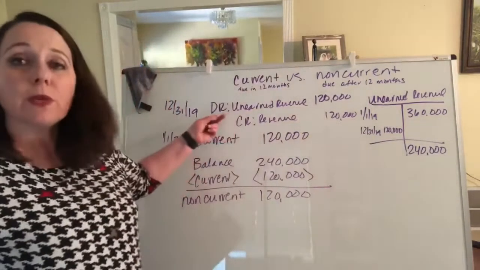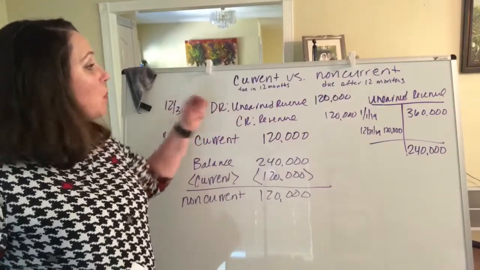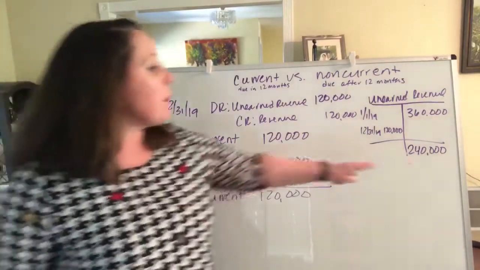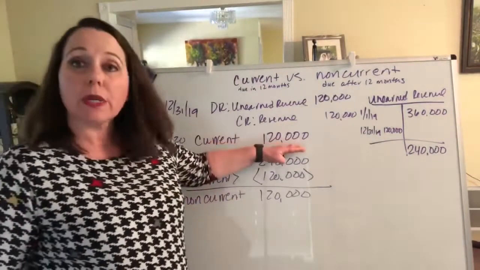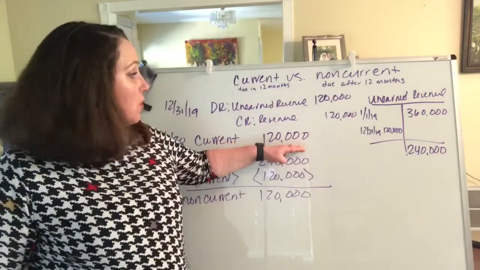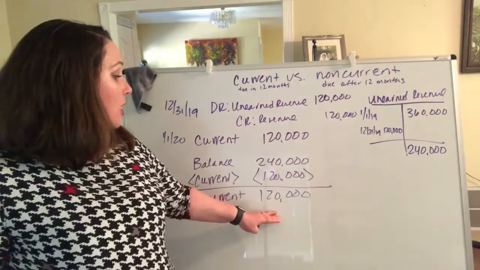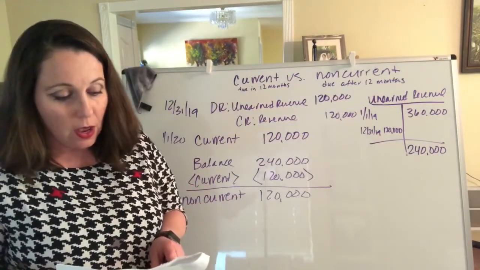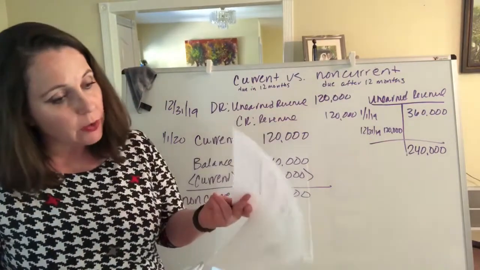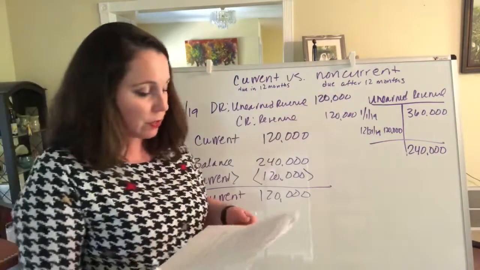So 1 year after we sell the subscription, when we've delivered 1 year's worth of services, the balance is 240,000. The current, the portion that we're going to deliver within the next 12 months, is 120,000. And the non-current is also 120,000. All right, we got 2 more to do on this, and then we're going to switch over to short-term notes.